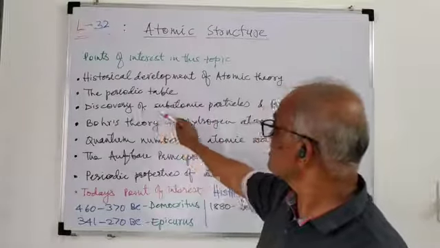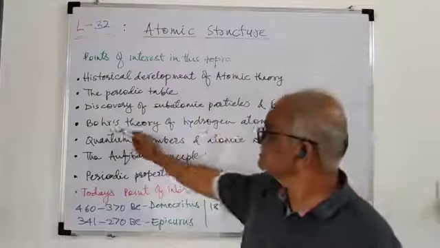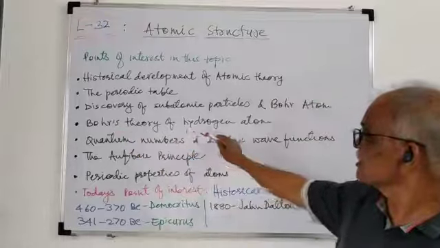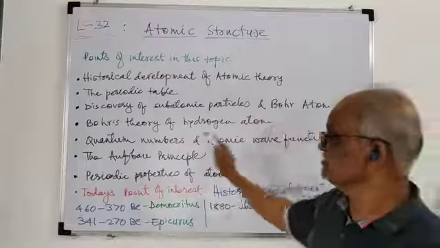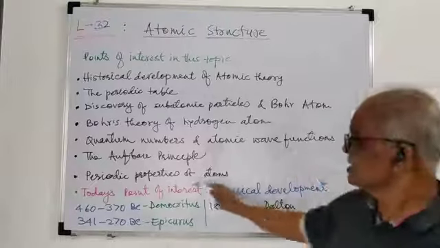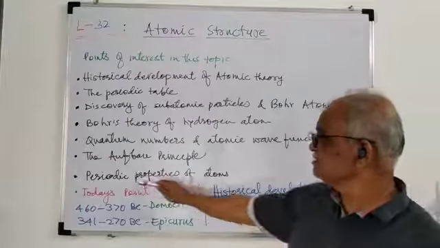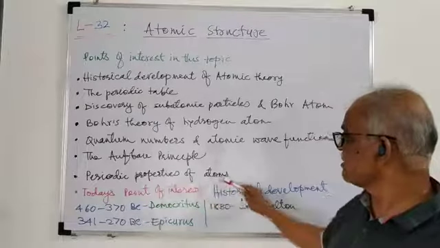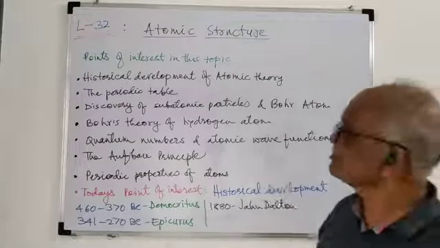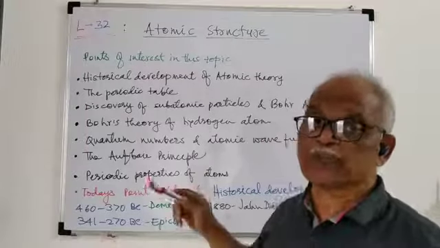Third is discovery of subatomic particles and Bohr atom. Fourth is Bohr's theory of hydrogen atom. Fifth is quantum numbers and atomic wave functions. Then the uncertainty principle, then periodic properties of atoms.